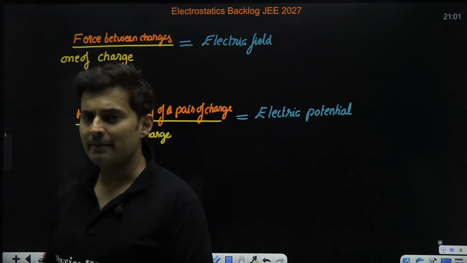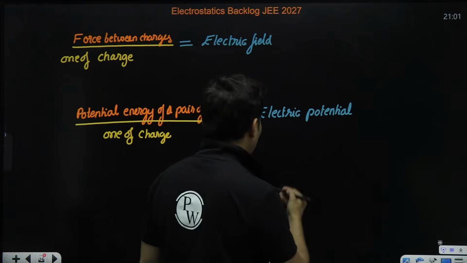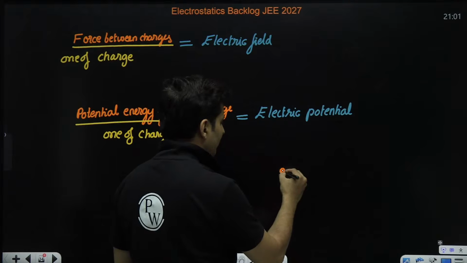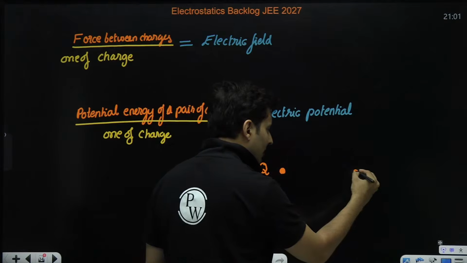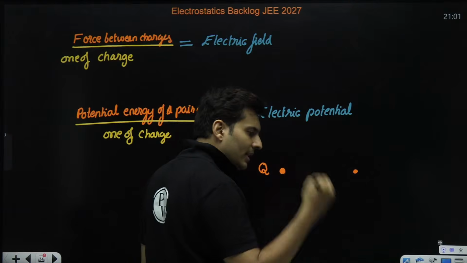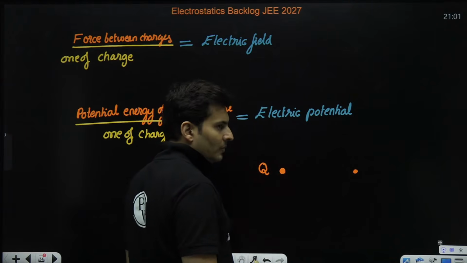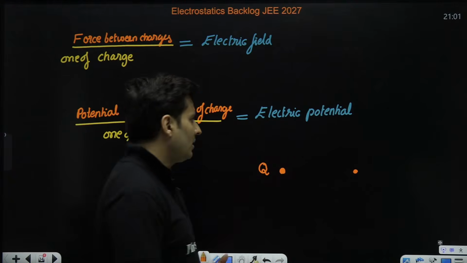Now you might be wondering, sir, which charge do I exactly divide it with? Okay, I'll help you out with that. Let's say this is a charge Q. The other charge has to be necessarily a unit positive charge, or forget unit, I would say an infinitely small charge.